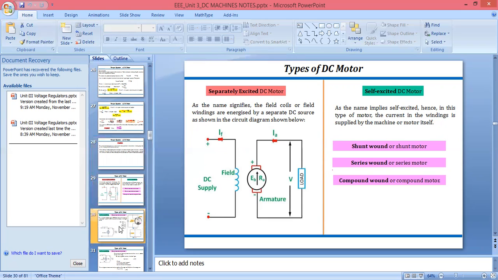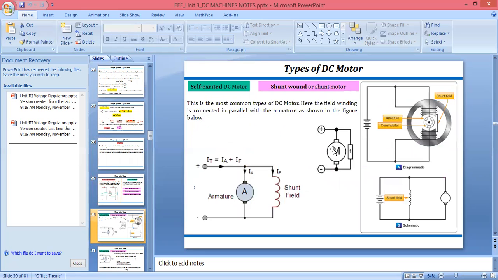Then we have studied the shunt self-excited DC motor. We are calling it shunt because we are taking the field winding in parallel with the armature. Then we can apply KCL. KCL states that at any node, incoming current is equal to outgoing current. According to this, the total current gets divided into the current flowing through the armature and the current flowing through the field winding.